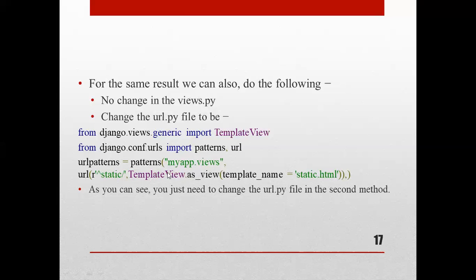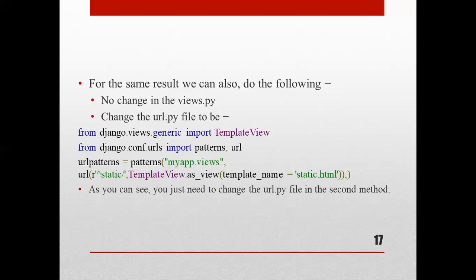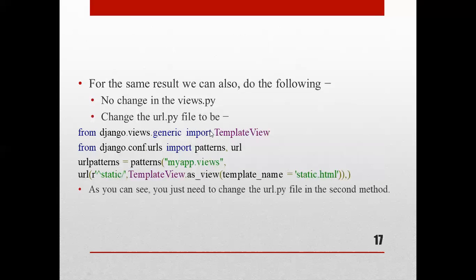So by using this method, we can also print that message on the web page. Here you can see, it will show the web page like this. So this is another method, where we make the changes in the urls.py file.